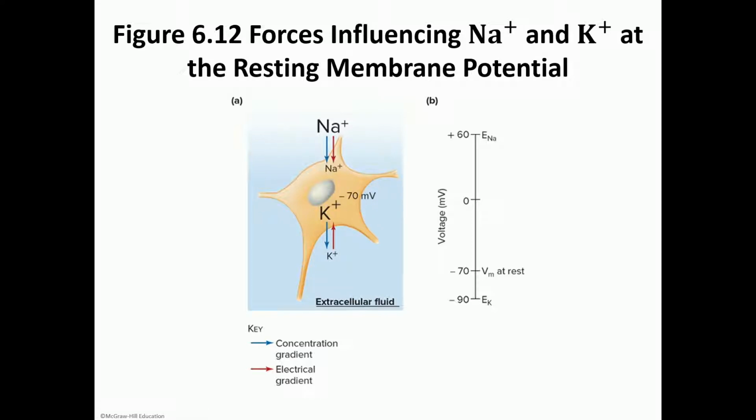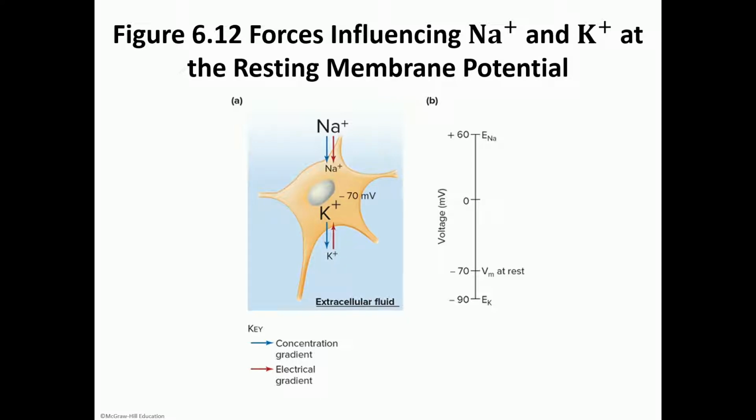Which is the opposite of what happens with sodium. Sodium doesn't have a lot of leak channels, but the inside of the cell is negative, while the sodium is positive. So that force is going to want to pull more sodium into the cell. Sodium is pulled in through two different forces, the concentration gradient and the electrical gradient. So make sure you are comfortable with these terms.